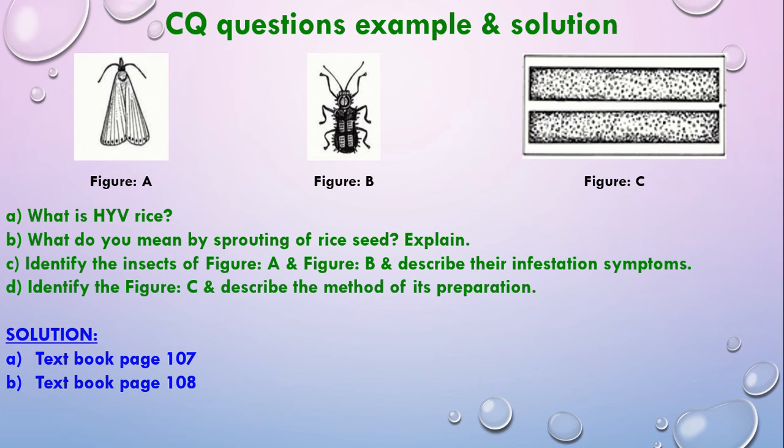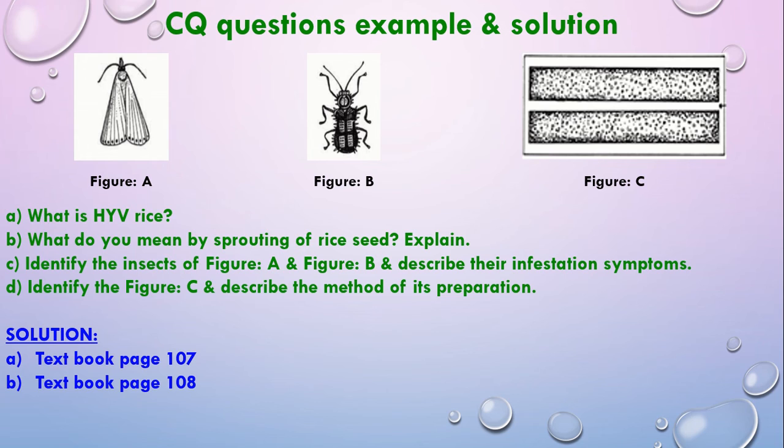Next, two, what do you mean by sprouting of rice seed? Explain. You can get this question's answer from page 108 at the bottom, where the point is seed treatment and seed sprouting, and the first para of page 109 for seed sprouting. For sprouting seeds, 2 to 3 layers of straw are made on the bamboo basket or drum.